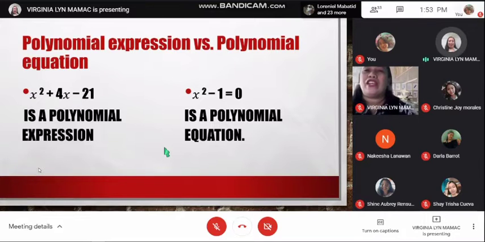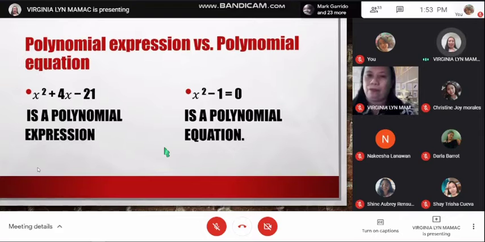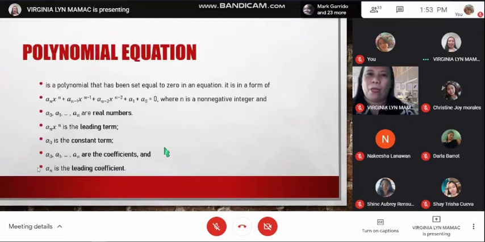A polynomial equation is set equal to 0, while a polynomial expression doesn't have the equal symbol. That's the basic hint. So this time we will tackle polynomial equations. A polynomial equation is a polynomial that has been set equal to zero.